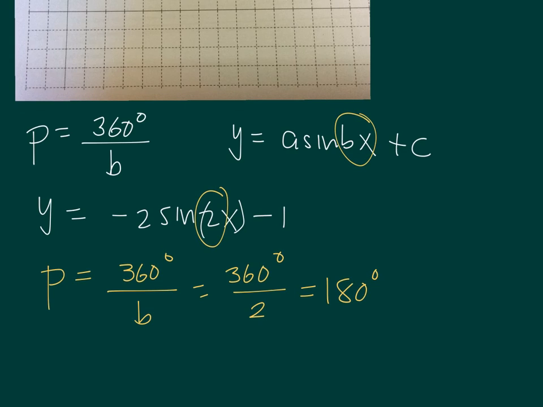So one period can have a length of 180 degrees from 0. And once we have the period, we can already plot one period on the graph.